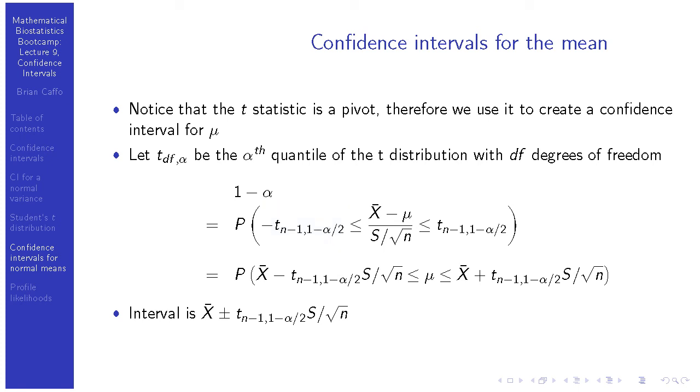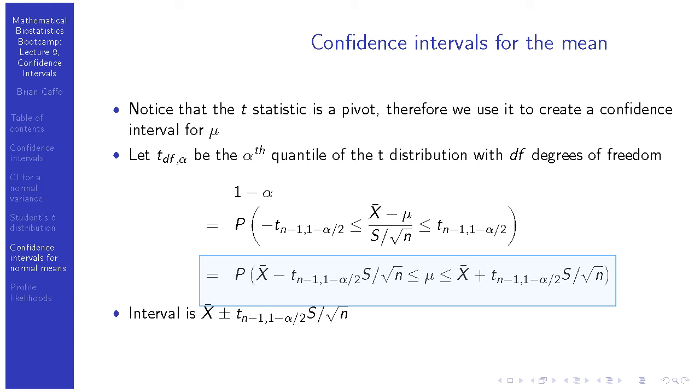So anyway, this probability statement applies here. So we can just rearrange terms and keep track of flipping our inequalities around when we multiply by a negative sign. And we get that x bar minus a t quantile times the standard error is less than mu, and x bar plus a t quantile times the standard error is bigger than mu.